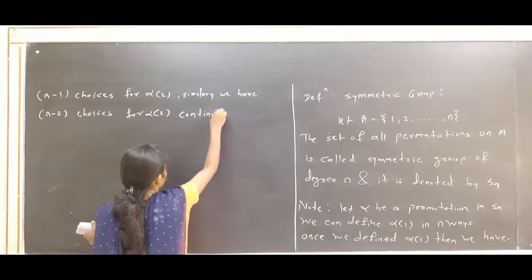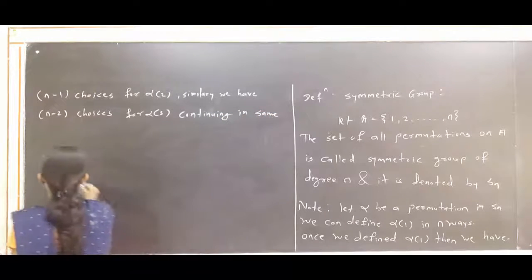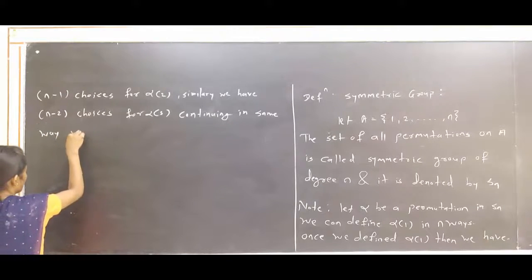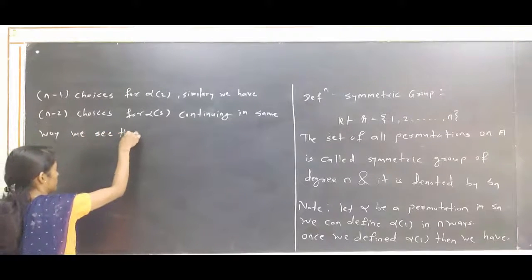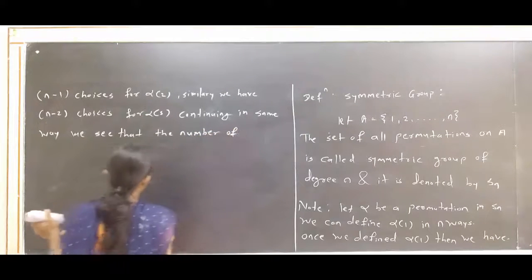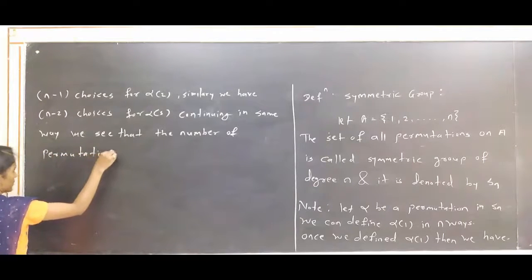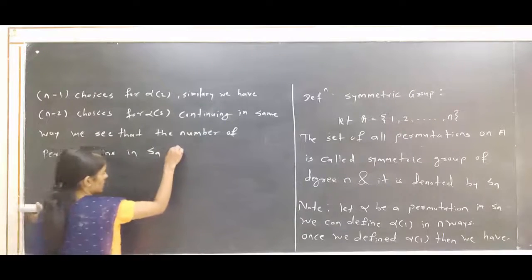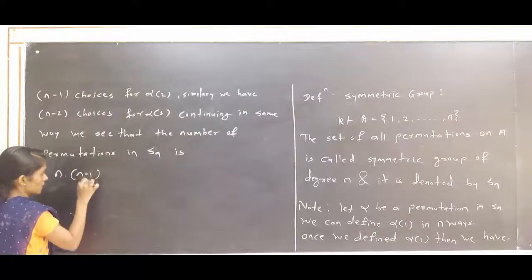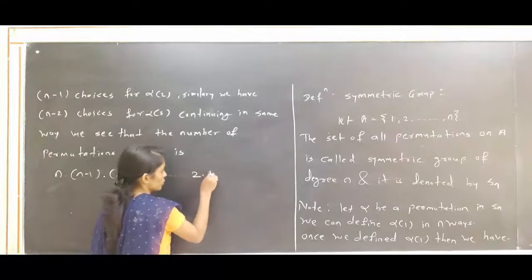Continuing in the same way, we see that the number of permutations in Sn is n into n minus 1 into n minus 2, and so on up to 2 into 1.